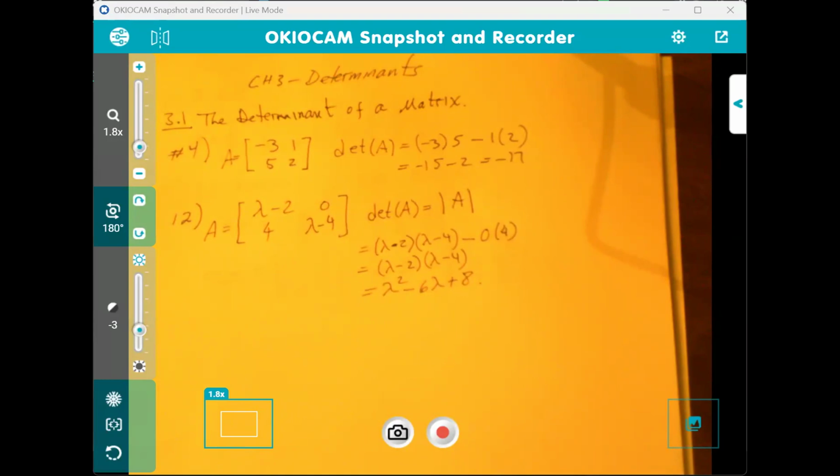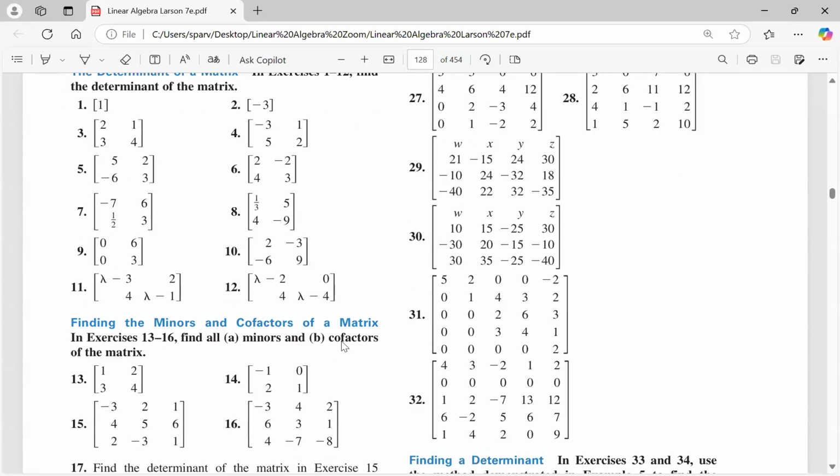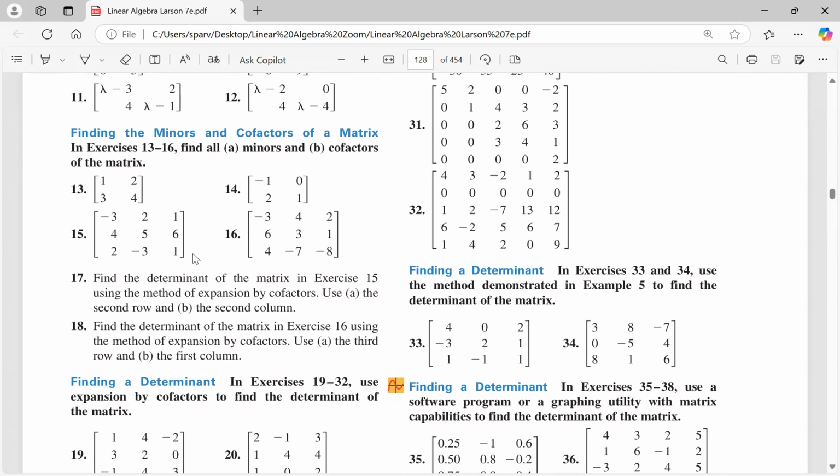Okay, let's go back to the page of the book. And here we go, share. Okay, so we did number 12. Let's take a look at, trying to look and see if there's another one. Okay, the other ones are 3 by 3s, so let's hold off on that one. Nonetheless, though, let's do a minor and a cofactor.